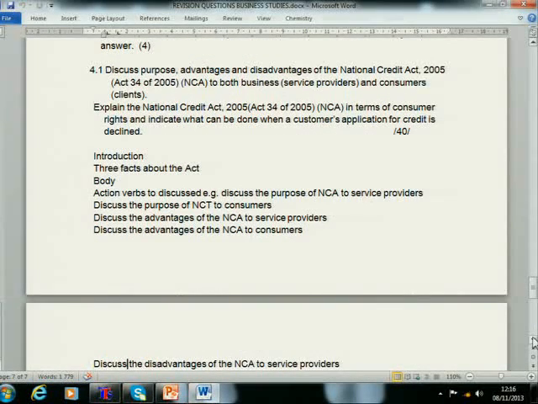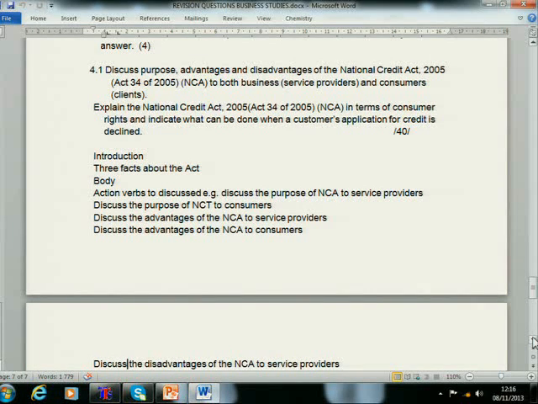This is what you need to do. Because it's an essay, introduction is compulsory. You write the word introduction. If you do not write the word introduction, you just start introducing your topic, you will be forfeiting marks on layout. You need to write it out, introduction.